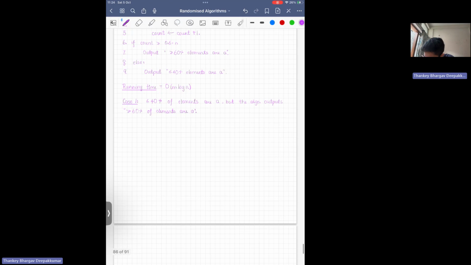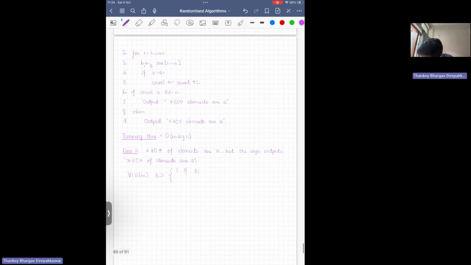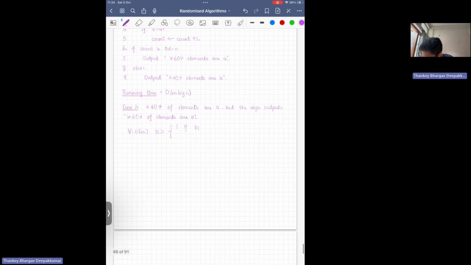Okay, so let's define some random variables. Let me call this Pi, the B of the ith iteration.